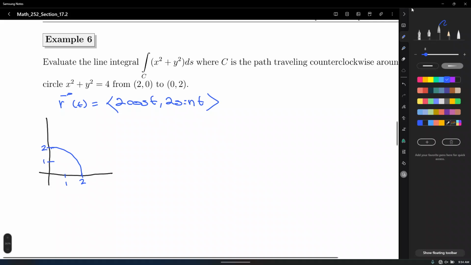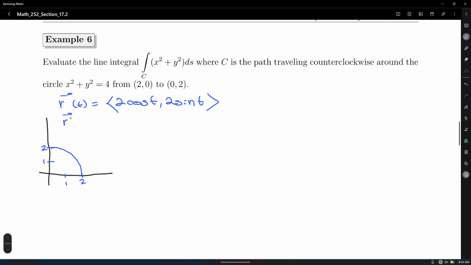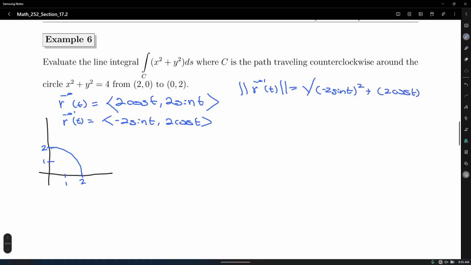Okay, let's worry about the limits of integration in a second. Let's find the derivative r prime. That is negative 2 sine t, 2 cosine t, and find its magnitude. That is the square root of negative 2 sine t squared plus 2 cosine t squared.